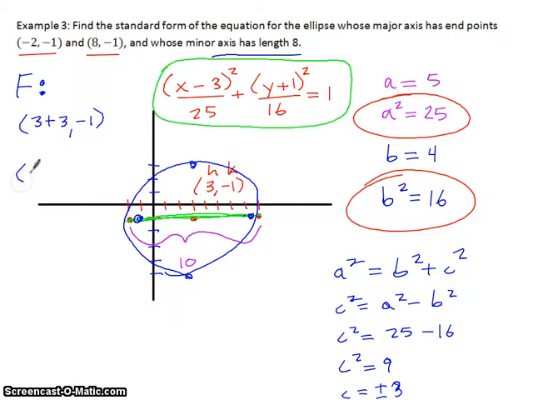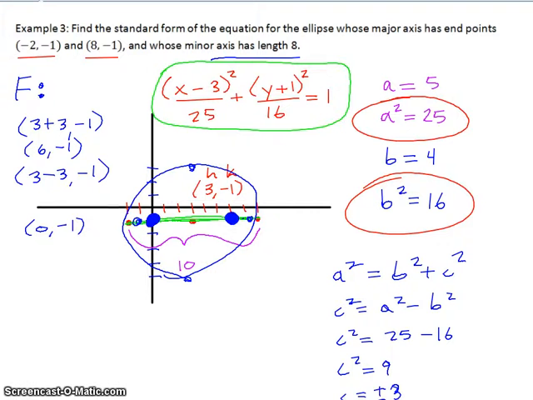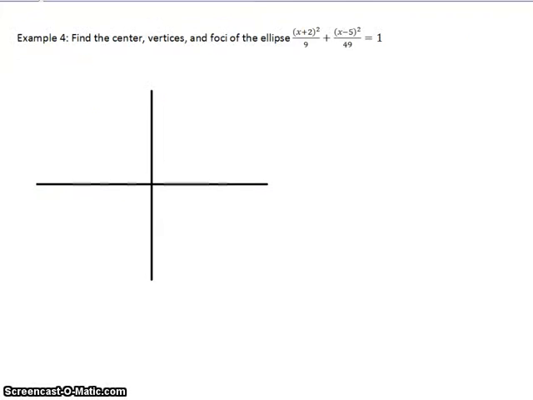The other one is when I take 3 and subtract 3. So we have one point at (6, -1), and then we have another point at (0, -1). So you can see here that I put my two focus points in bold because I made an incorrect guess the previous time. Alright, let's go ahead and move to the next problem here.